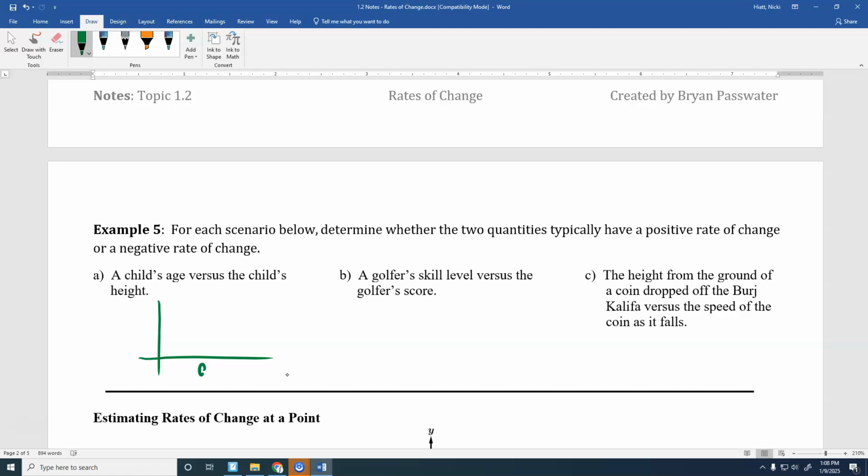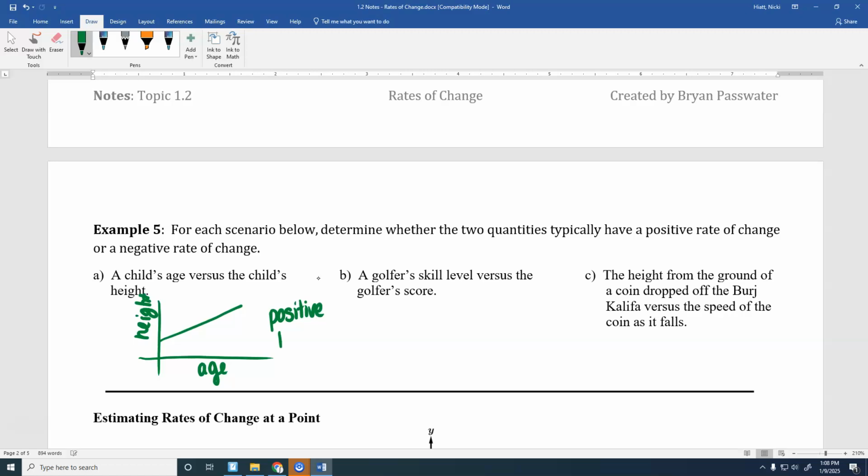So child's age here and height. So as age increases for a child, what should happen to height? Should go up, right? This graph should look something like this, right? And so that is going to be a positive.